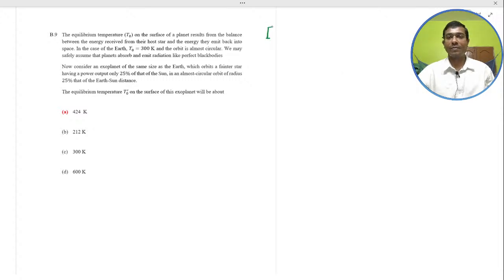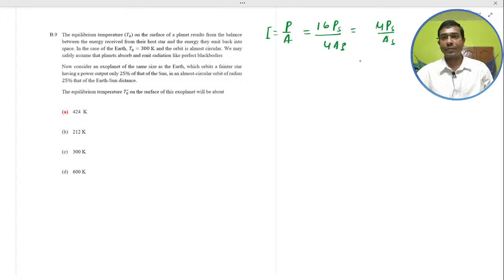Same formula, I is P by A. That is 16 PS divided by 4S. So this will become 4PS by S. That means PS by S means I, intensity of earth.